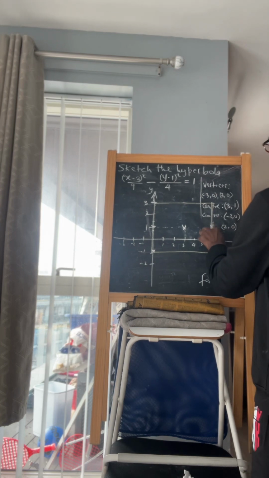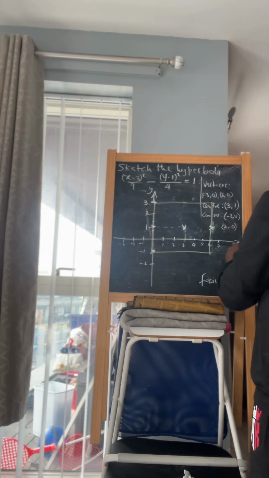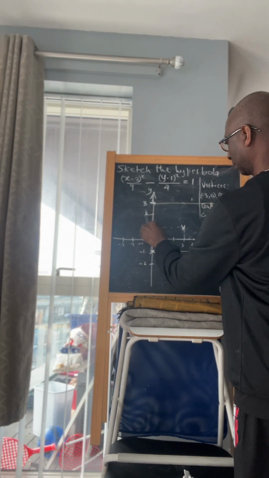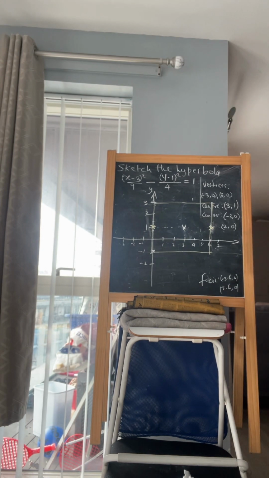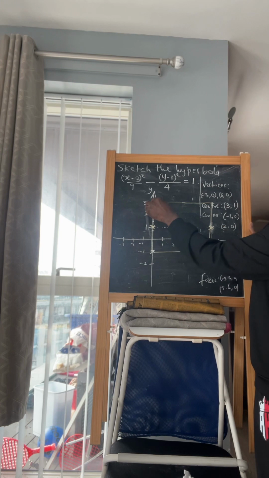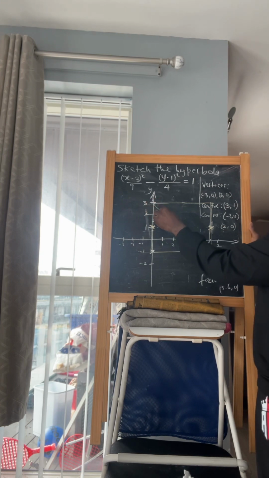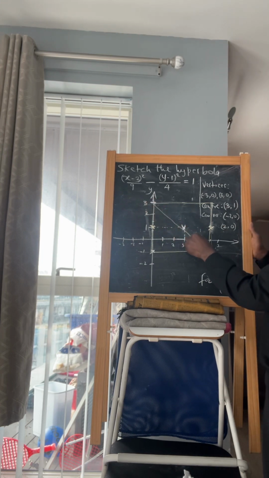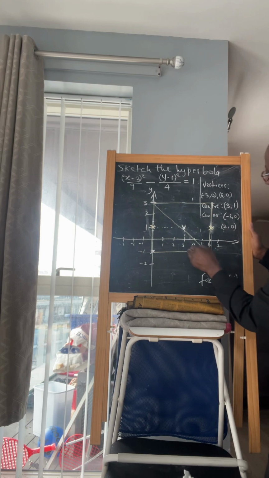So you now draw perpendicular lines that pass through the center and through the diagonals.